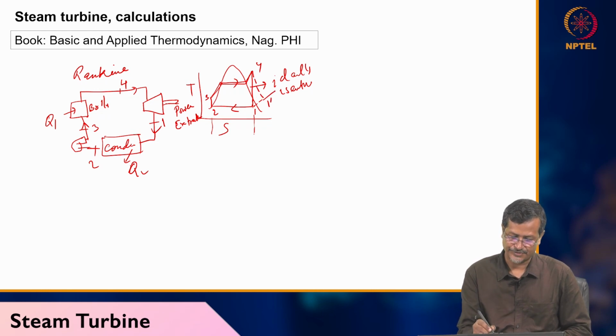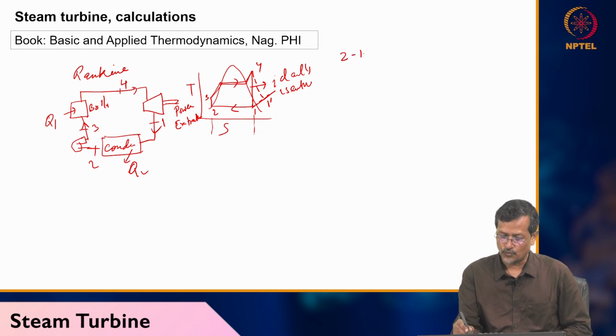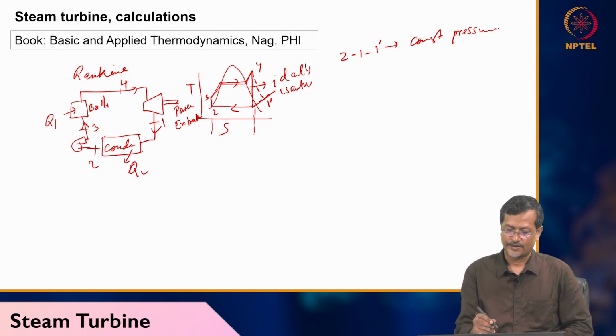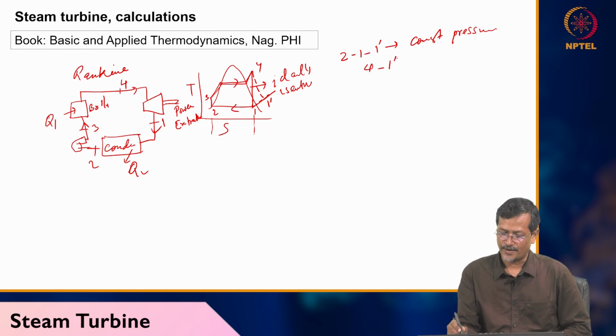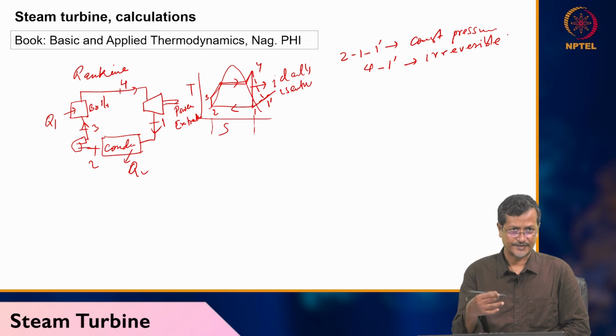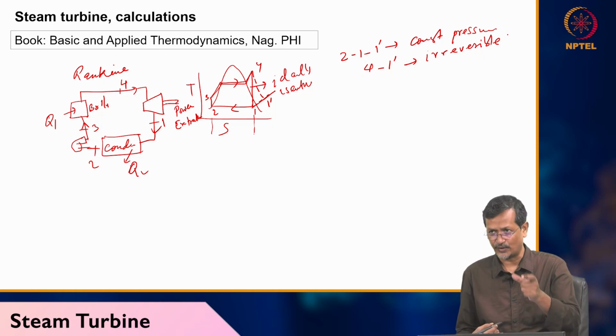So 1 dash, and 1 to 1 dash is a constant pressure line. 4 to 1 dash is an irreversible process. That's why we are putting dotted lines, irreversible process, and energy will be lost. So we expected energy 4 to 1, but actually we are getting 4 to 1 dash, a little bit lower amount of energy.